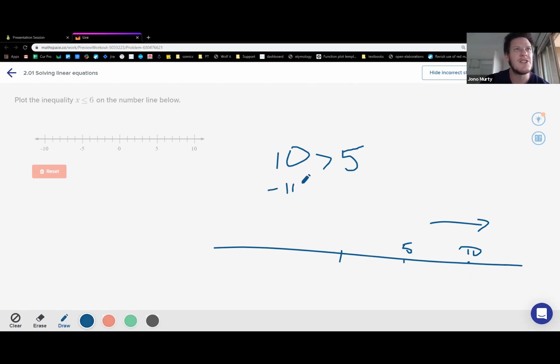But if I switched to -10, I need to switch the sign because -10 is all the way over here and -5 is here. Because we're sort of flipping the number line around, the sign itself needs to switch as well. So this is saying -10 is further to the left than -5.